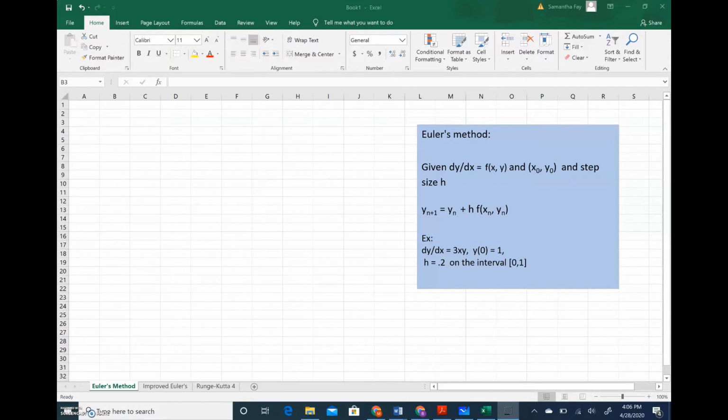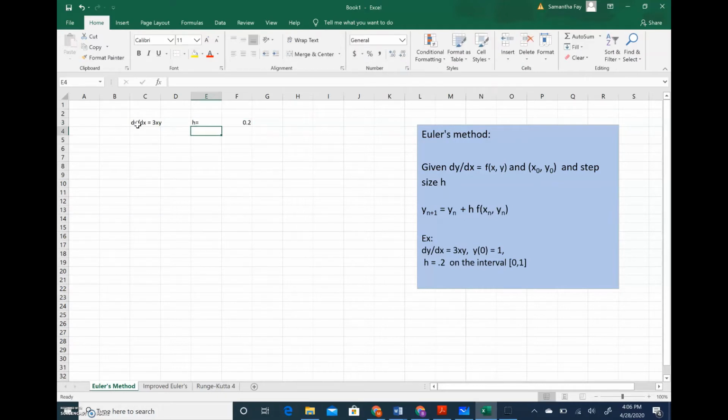I like showing what's going on, just to remind myself. So my dy/dx is going to be 3xy, and it's important that here we put our step size, which is going to be 0.2.